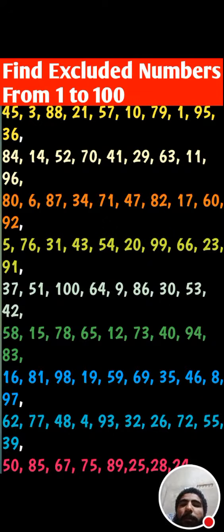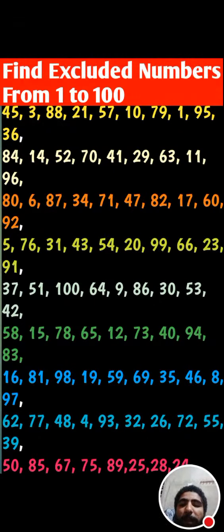First row, no. Second, no. Third, no. Fourth, no. I think 38 is also missing in the list. So we have to write this. So we have to move onward to find other missing numbers.